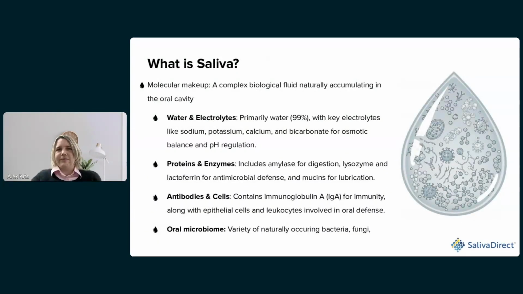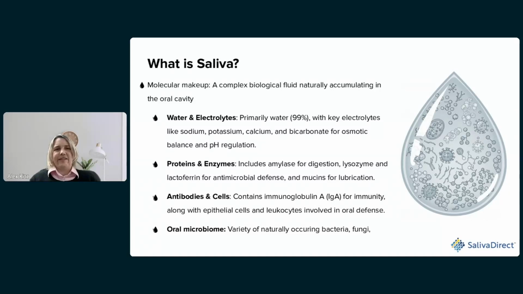So let's dive into what is saliva. From a molecular makeup, saliva is a complex biological fluid that is naturally accumulating in your oral cavity. It mainly consists of water and electrolytes, with 90% of it being water, and contains key electrolytes like sodium, potassium, calcium, bicarbonates for osmotic balance and pH regulation.